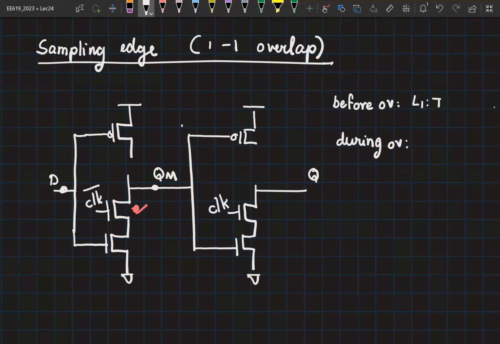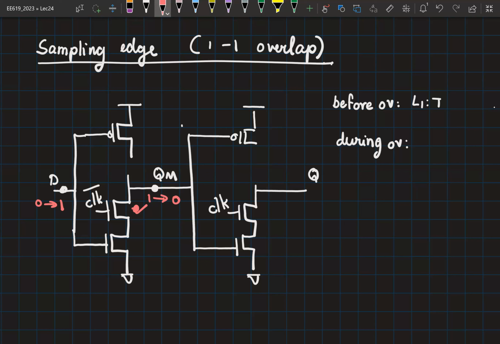As far as QM is concerned, there is only a pull down path. There is no pull up path, which means what transition should you be looking at D? You need to have a 0 to 1 transition at D. That can cause a 1 to 0 transition at QM. Can this propagate to Q? Why not? Right.